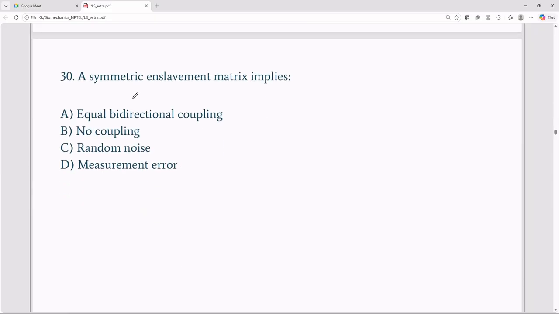Next question. A symmetric enslavement matrix implies which among the following?